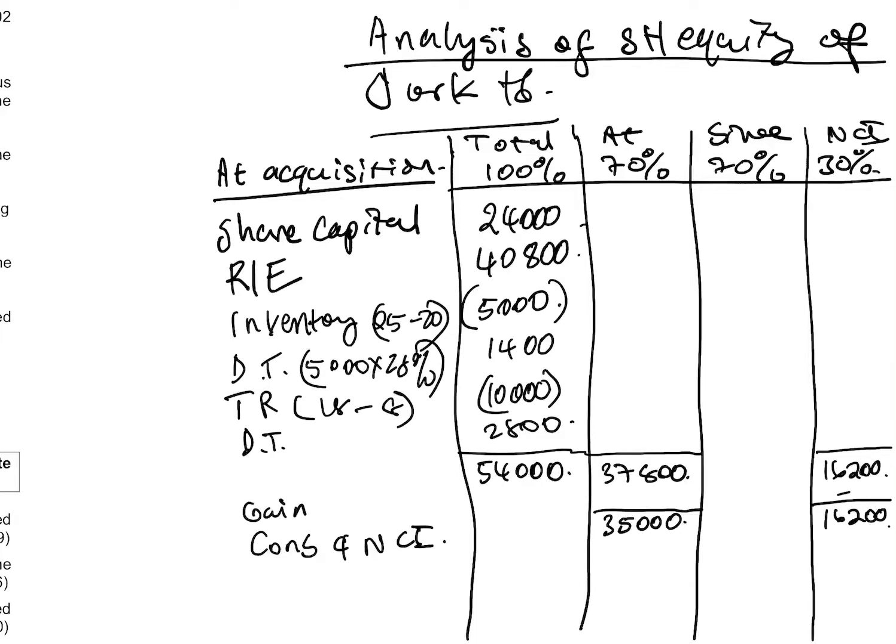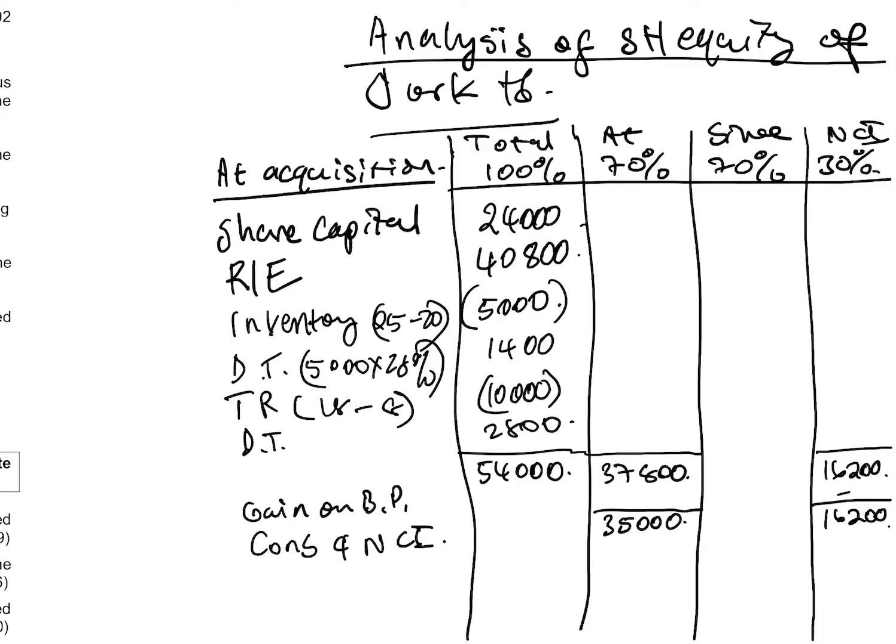Please take note, the gain on bargain purchase is other income if it was acquired in the current year. Are we together? This organization was acquired in the current year, so it is going to be included in other income. But if it was acquired in the previous years, you are going to add it to retained earnings.